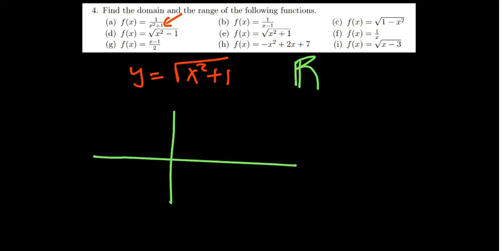And of course, if we are to plot, let's say we put a positive 1. If we put a 1 there, you get 1 plus 1, which will give us a root of 2. Again, if you try the other side as well, you also get a root of 2. If you put a 0 there, you get a 1.